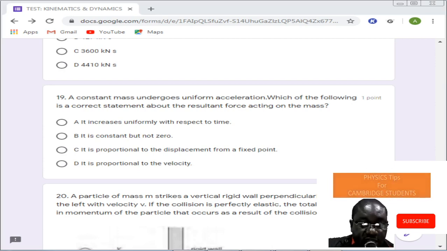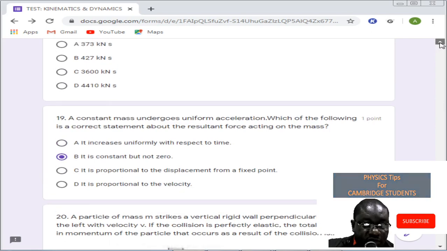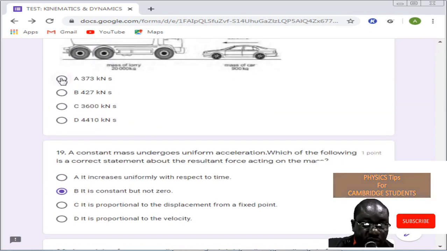So if acceleration is constant, resultant force must also be constant. So A is wrong. B, it is constant but not zero. That is correct. It is proportional to the displacement from a fixed point. That is not correct. Proportional to the velocity. That is not correct as well. So answer should be B there.